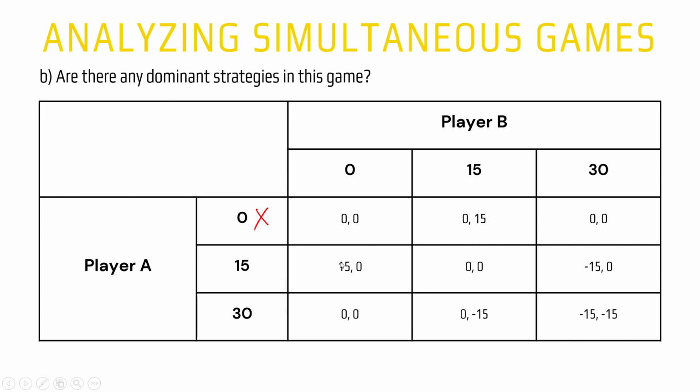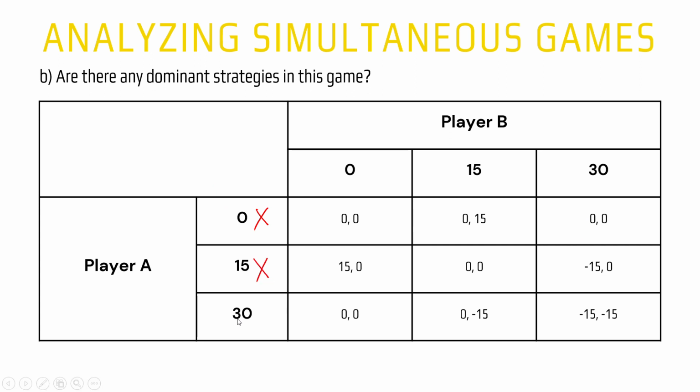The first one is a dominant strategy since 15 is greater than 0, and of course, 0 is equal to 0 and 0. And the negative 15 is being dominated by 0. So therefore, the $15 strategy is not a dominant strategy either.